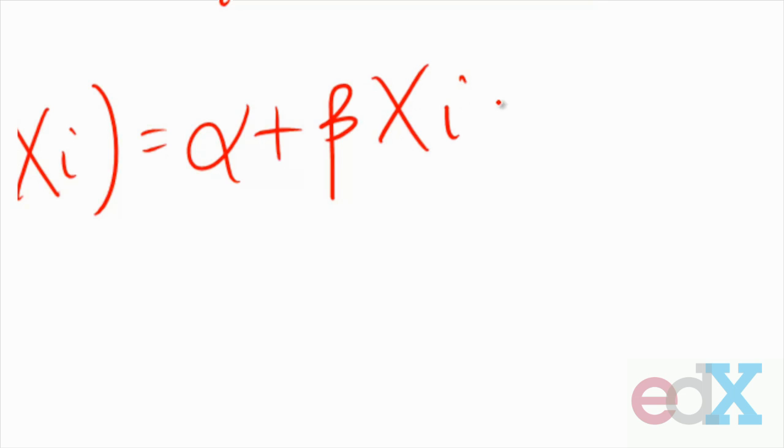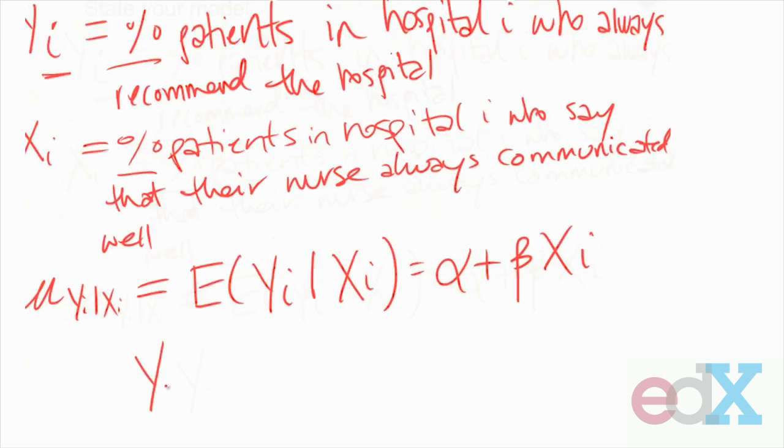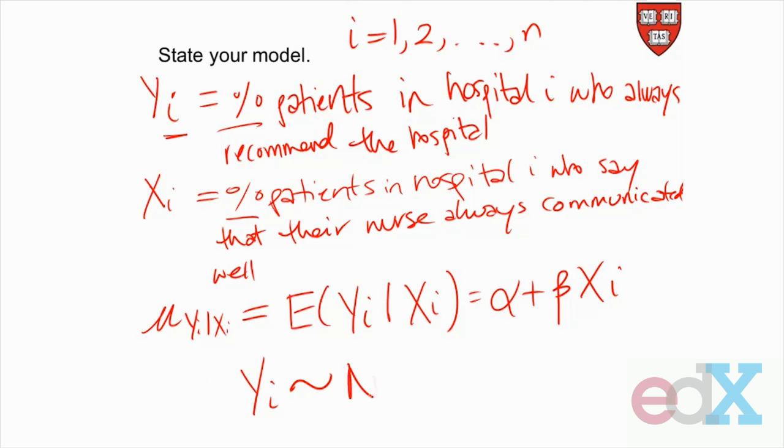And now, rather than dealing with the residual errors like we saw before, what I can say is that my outcome yi follows a normal distribution with mean equal to this mu and variance equal to that same residual variance sigma squared. This is an equivalent way to write the model. So this is just for you to know, because if you see these two different model formulations, you'll now know that they're doing the exact same thing.